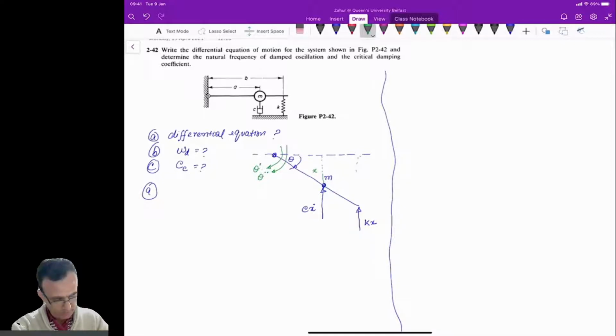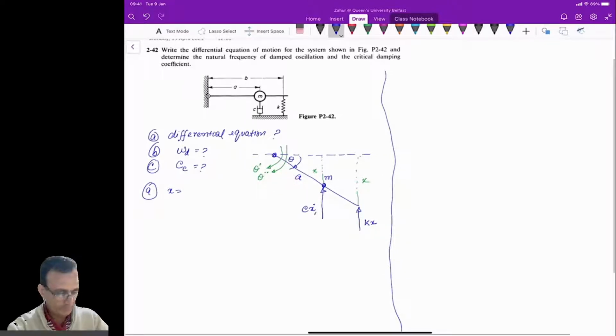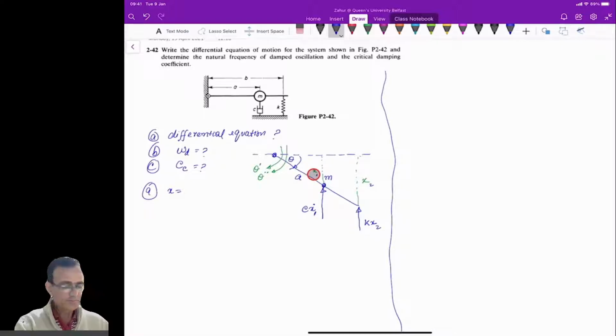If you call this x1 and this x2, then x1 is a sine theta, and x2 is b sine theta.